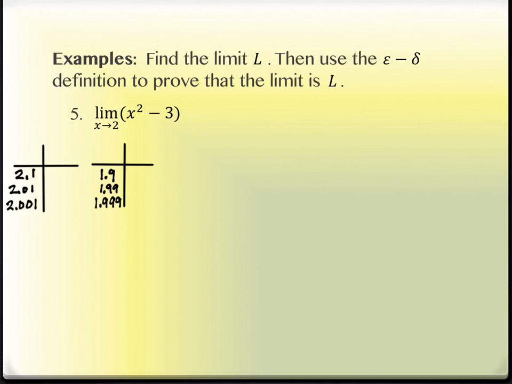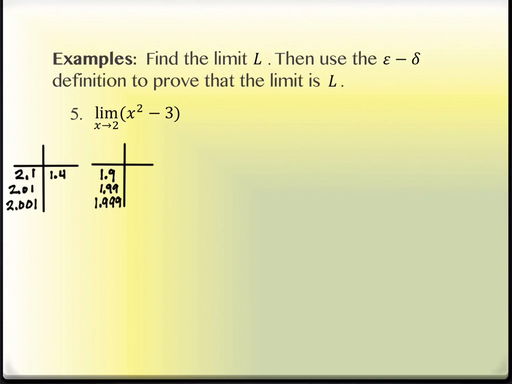X squared minus 3. These are the values I'm getting. If we go over on top of them, we'll be able to write them out.